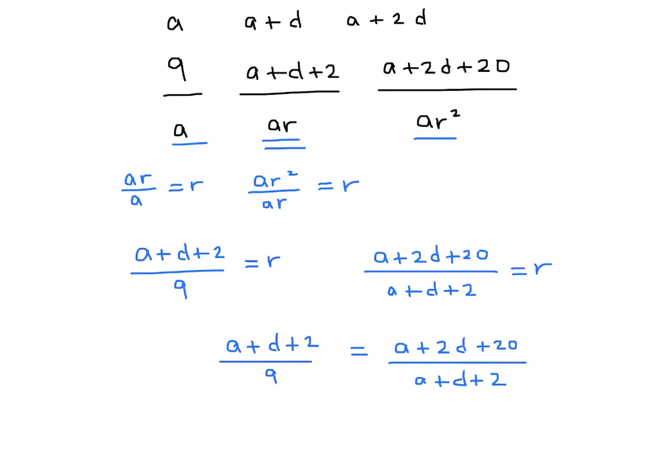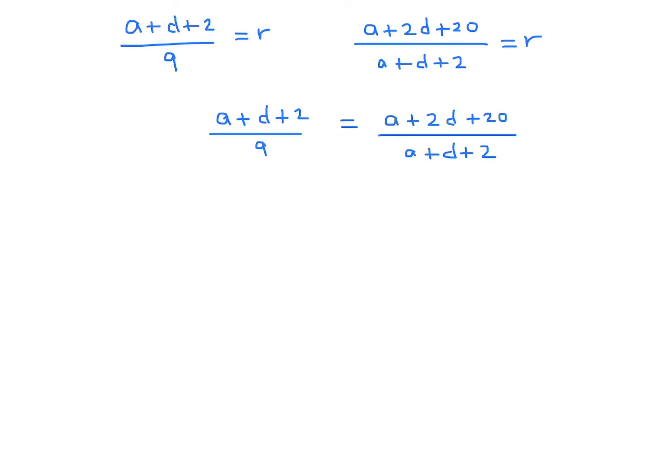Now I've got two variables, A and D, and I unfortunately have to figure out what these are, right? But the good news is they tell you. The first term was 9. A is equal to 9. So I will substitute that in.